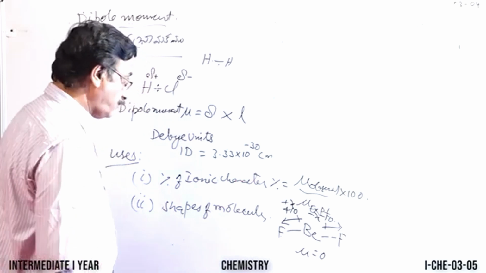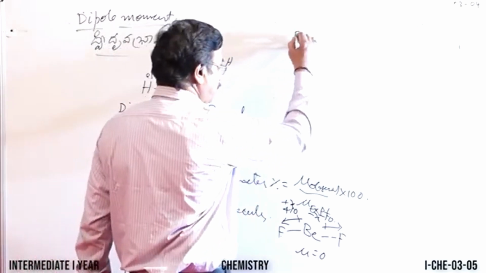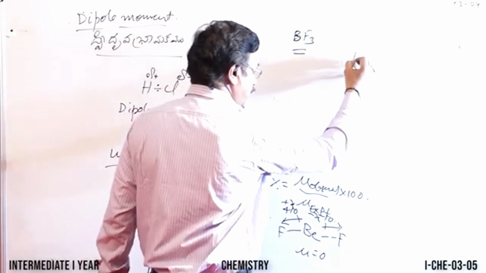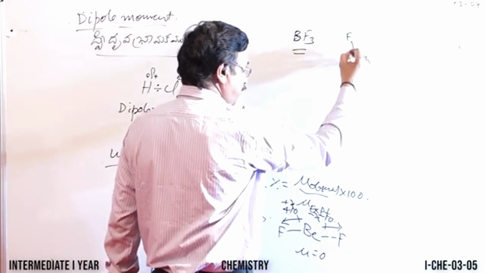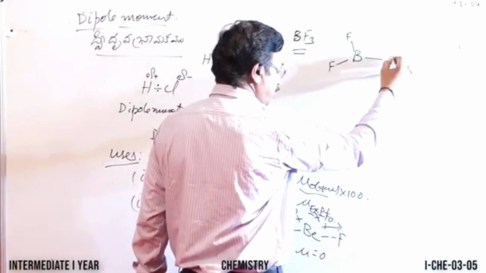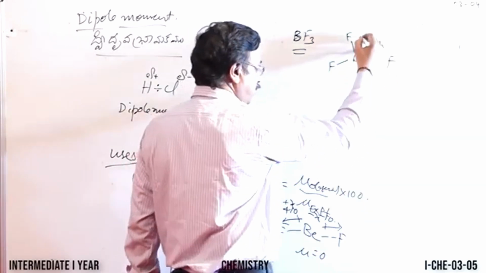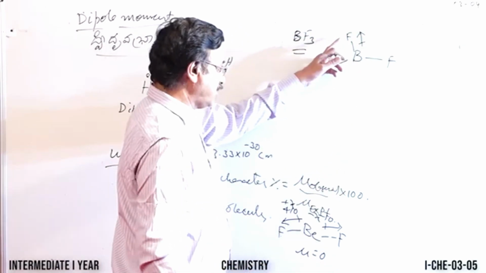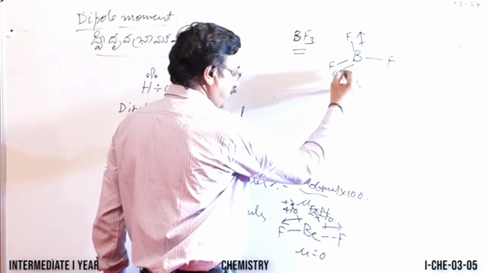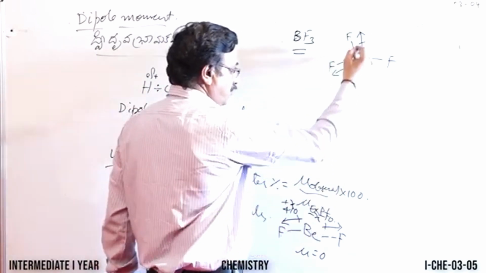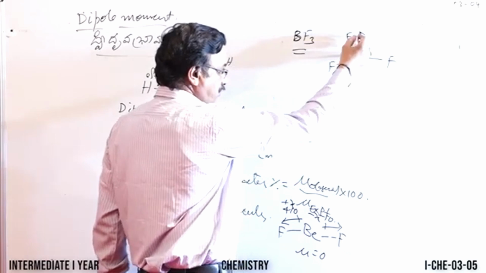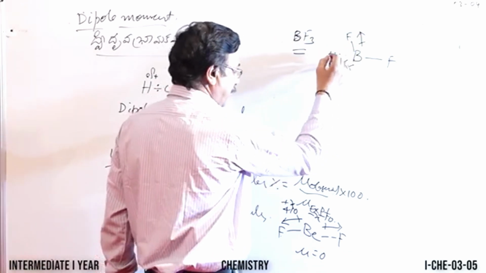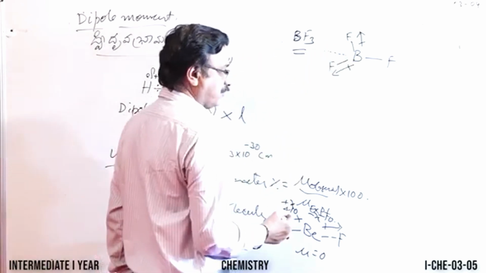Similarly, the BF3 molecule, right? So B, F, F and F. Here the bond moment of this bond is this side, bond moment of this bond is this side, so you will get the resultant of these two on this side, approximately some value.